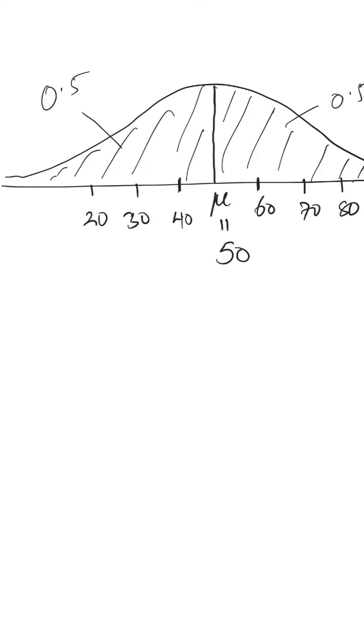Now when we look at the case of a standard normal, what do we call a standard normal? We're going to learn more about the standard normal. What we call a standard normal is that normal distribution with mean 0 and standard deviation 1. So for a standard normal, since the mean is 0, let me try to improve on my graph.